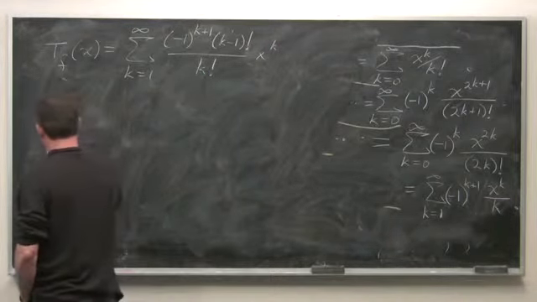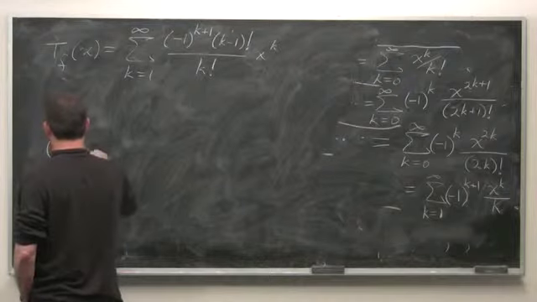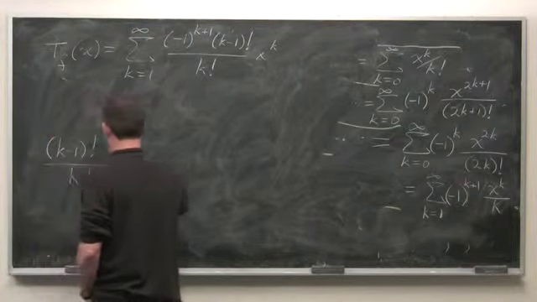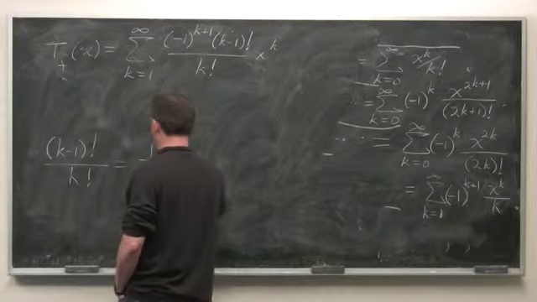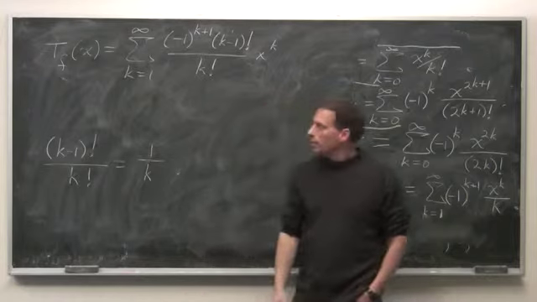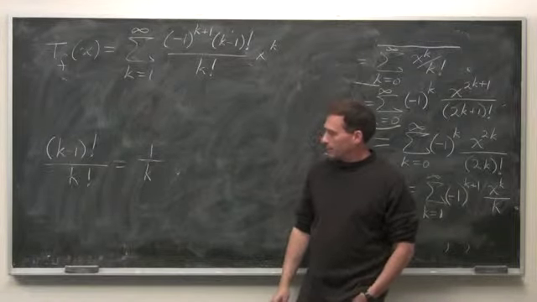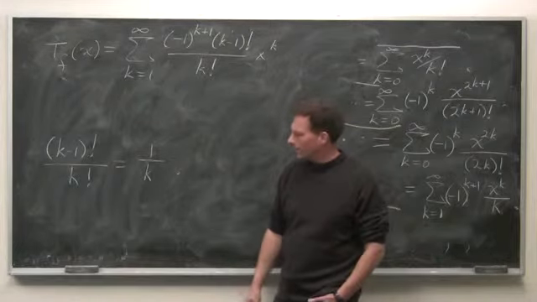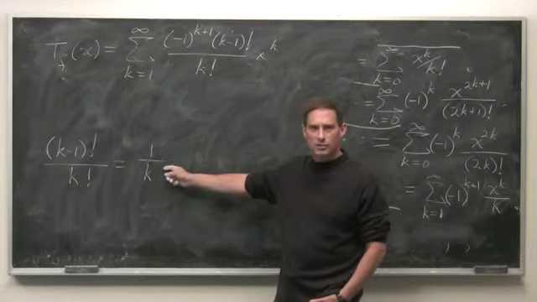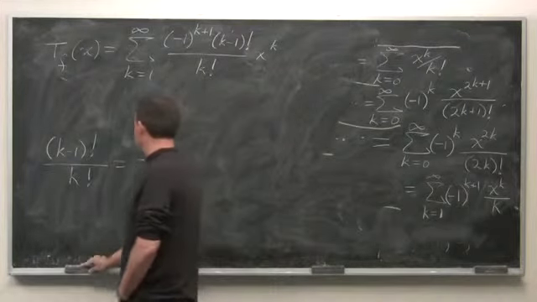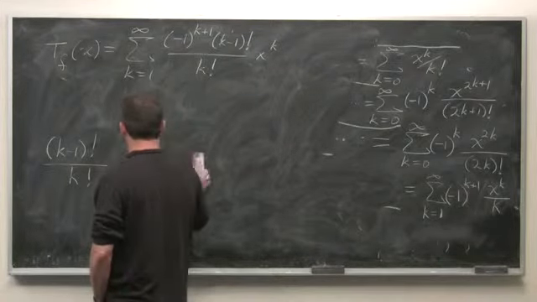But the good news is that (k-1)! divided by k! simplifies and is 1 over k. Why is this? Don't think that somehow magically these exclamation points cancel. That's not what's happening, and it wouldn't give you this even if it were. You have to think about what factorials mean. You don't just get to make up rules.